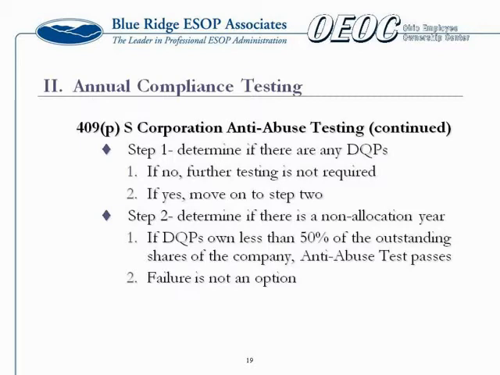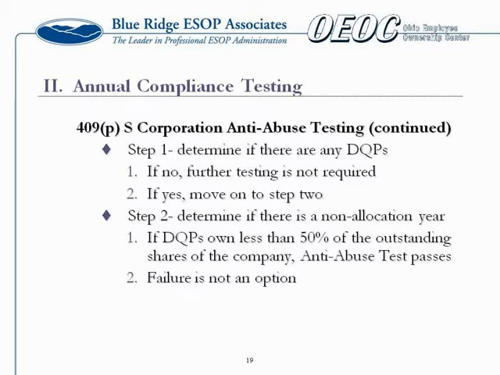These one or two person ESOPs really benefit a few people and are not the spirit of employee ownership. So the list from the Department of Labor, those kind of sham ESOPs from over 10 years ago, were really cleaned up, and this compliance test did it.